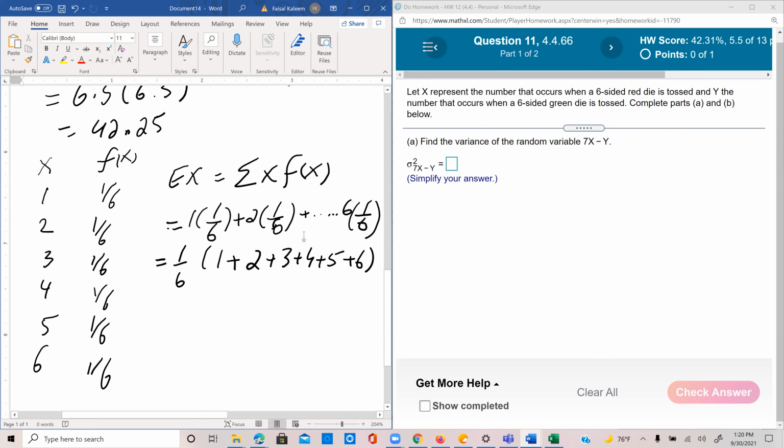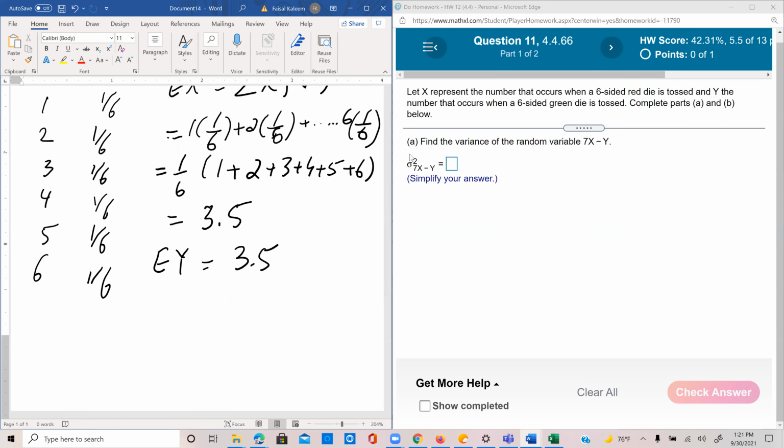And these can just be summed by brute force, 15, 18, 20, 21. So 21 by 6, and that's 3.5. And E of Y will also be 3.5. And this time, since we need the variance, we'll also need the E of X squared.